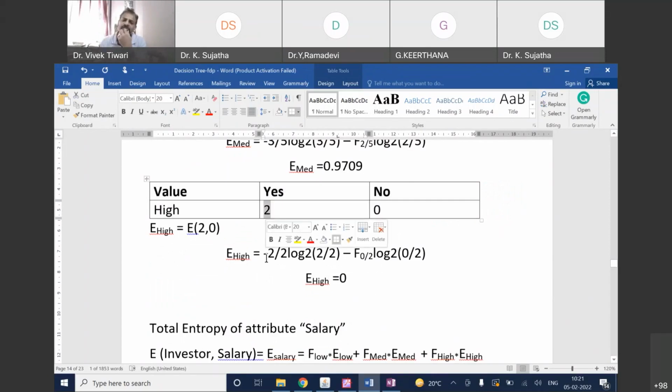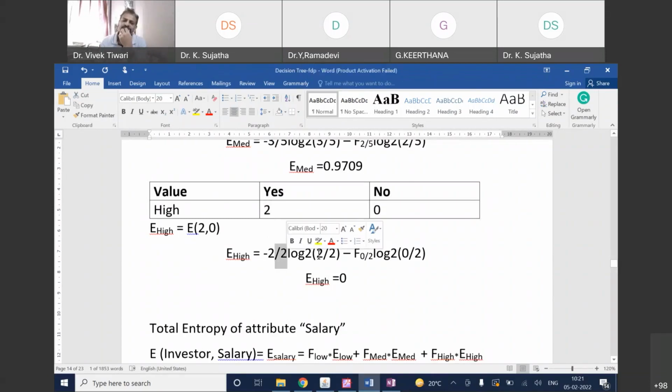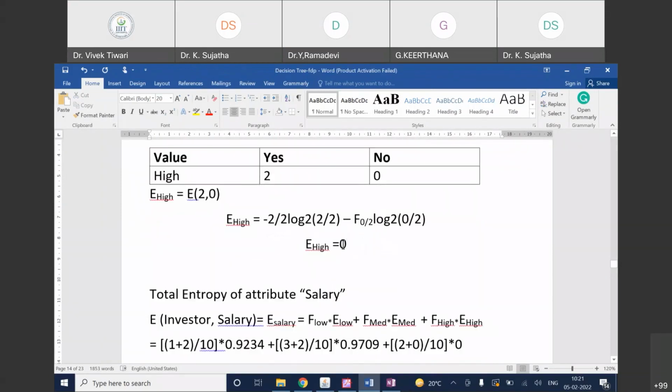You can mathematically reconfirm it: 2 by 2. Entropy 0 means it is a pure data set.